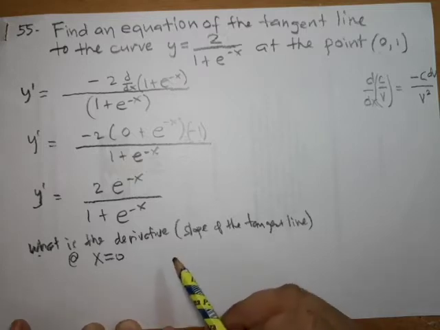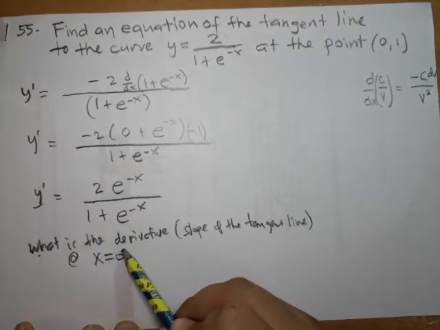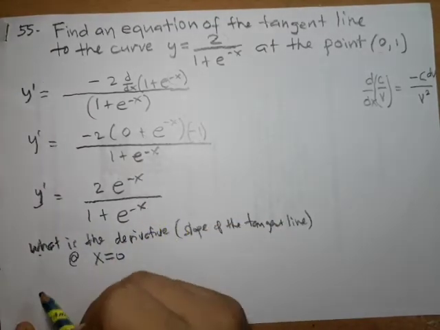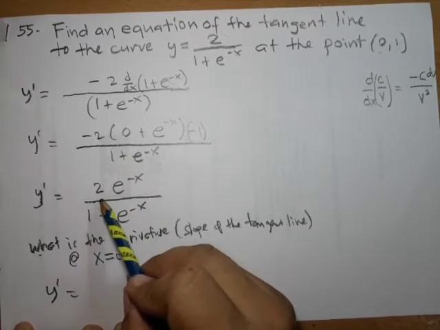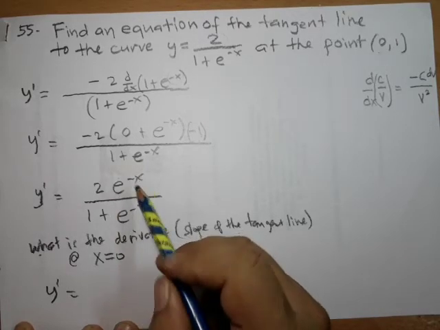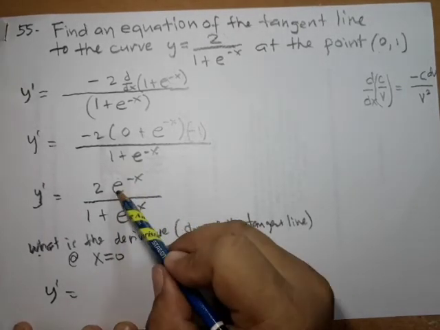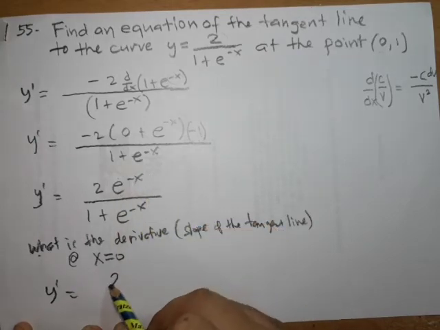So here, since we have this function, we can substitute 0 into x. So y prime is equal to 2 times e to the 0. Any number raised to 0 is 1, so this will remain as 2.